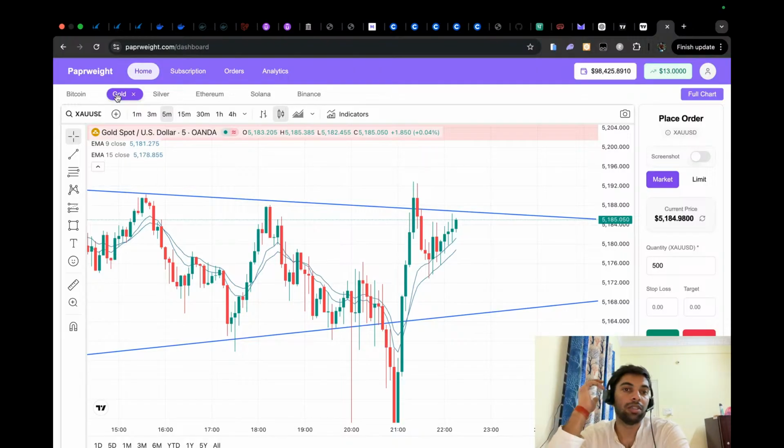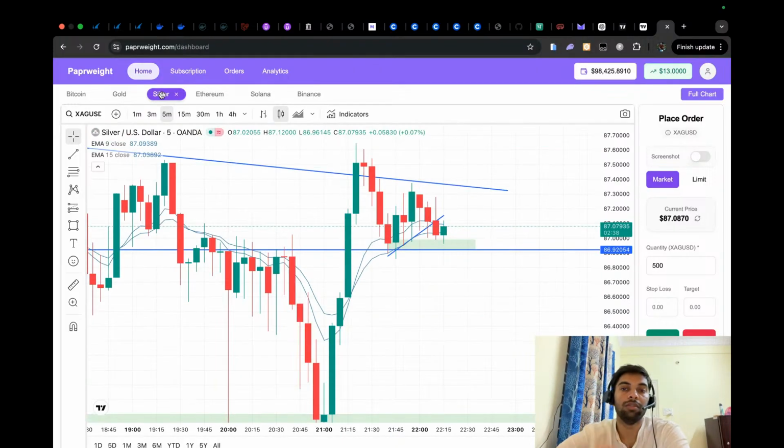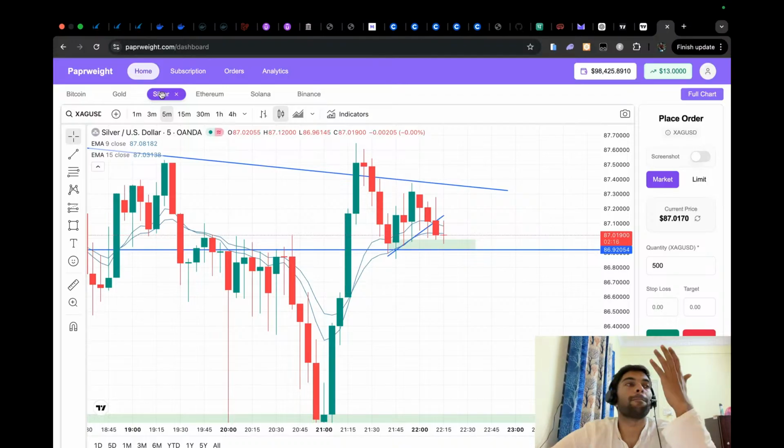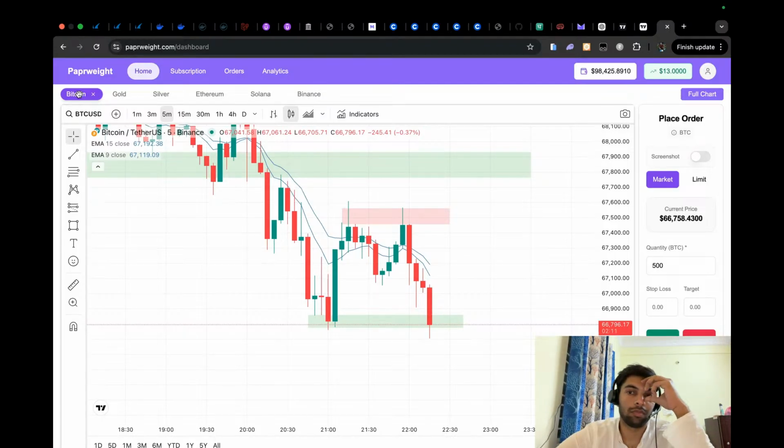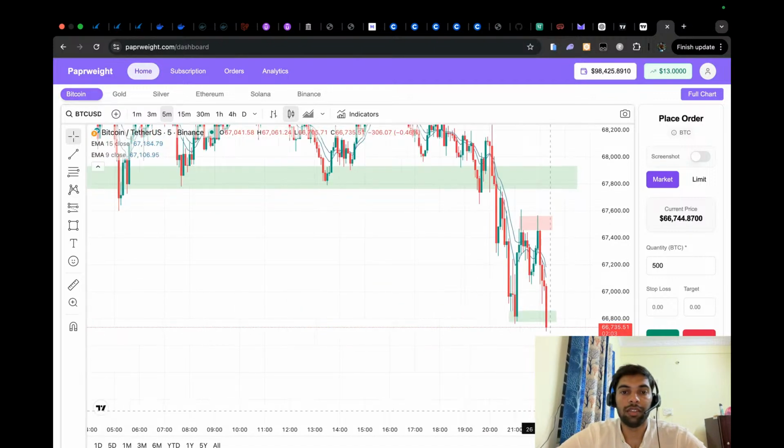Chances of breakout are much higher in gold and silver. Let's wait for closing.